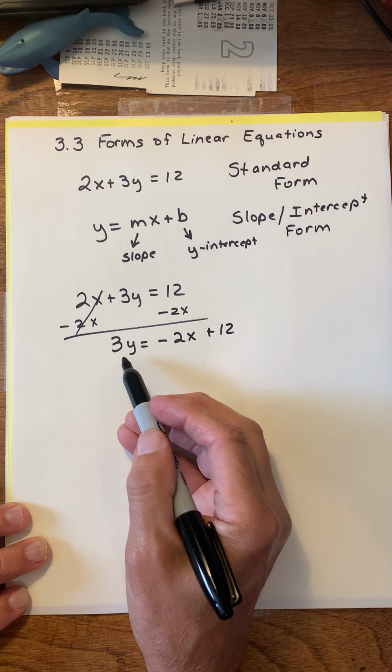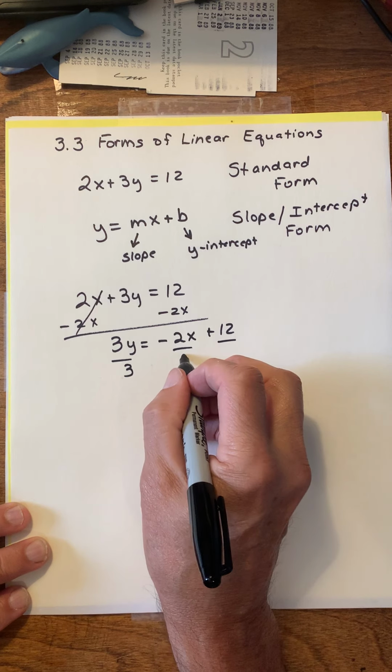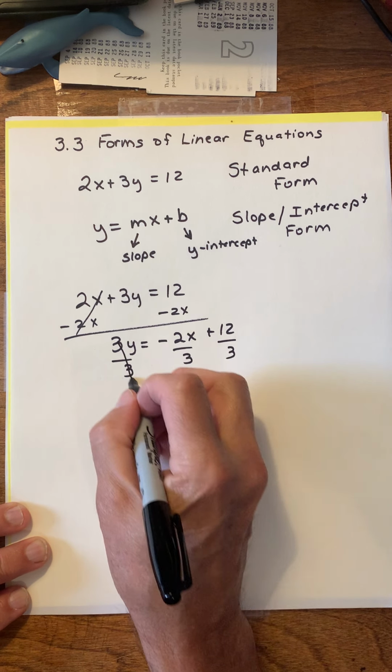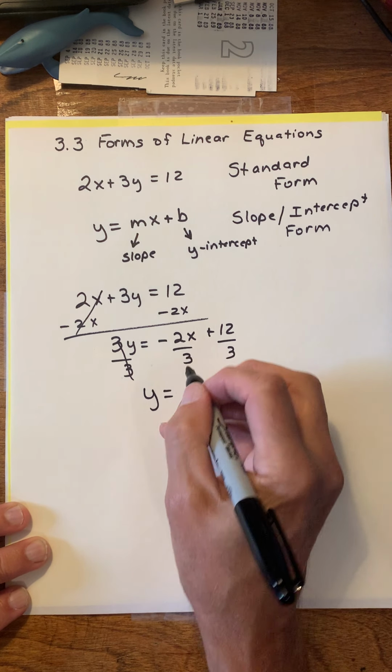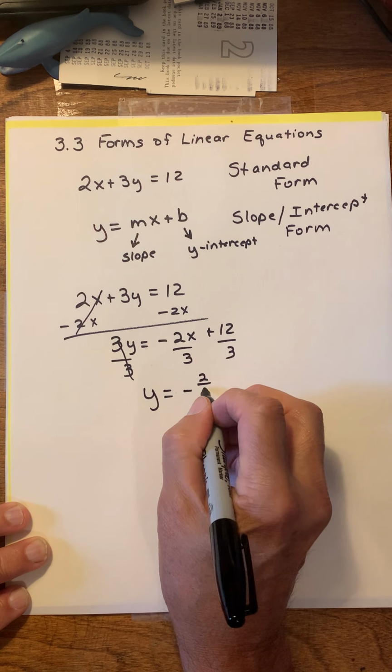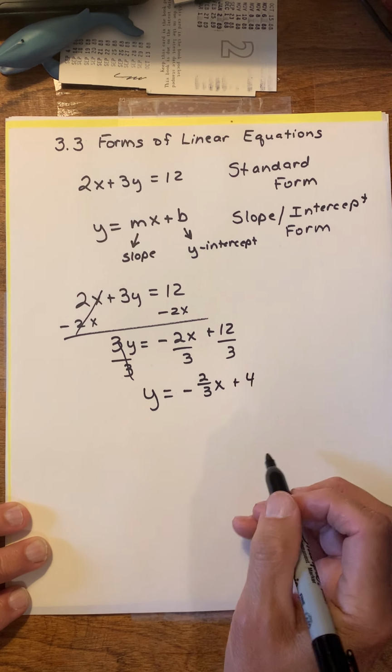Not 3y, but y, so let's divide everything by 3. Hey, y equals, here we are, negative 2 over 3 is negative 2/3. 12 over 3 is 4.